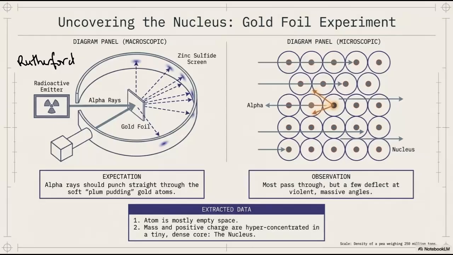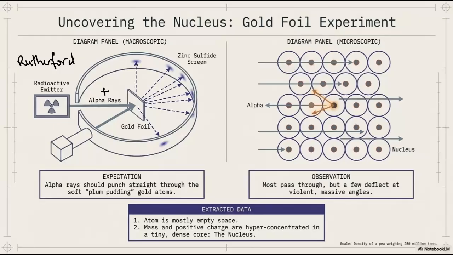Those alpha ray particles are positive in nature. Then he used that to bombard a gold foil that he placed in the middle, surrounded by a detector made out of zinc sulfide. He used that zinc sulfide screen detector to see what happens to those alpha ray particles as they went through the gold foil.